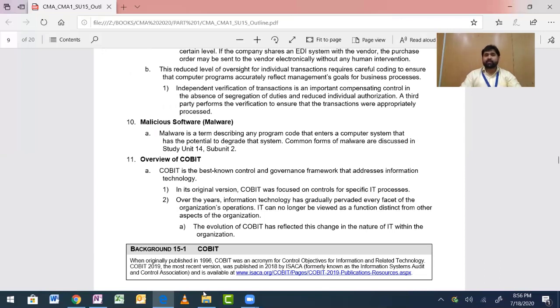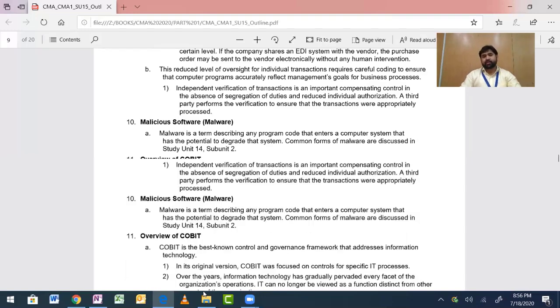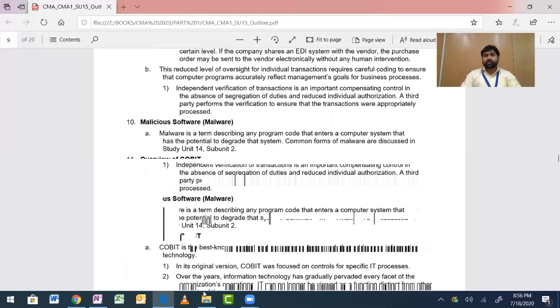Now, COBIT is the best known control and governance framework that addresses information technology. In its original version, COBIT was focused on control for specific IT processes. Over the years, information technology has gradually pervaded every facet of the organization's operation. IT can no longer be viewed as a function distinct from other aspects of the organization.